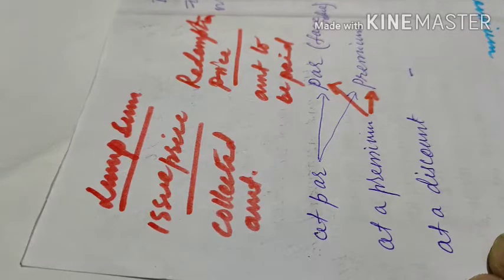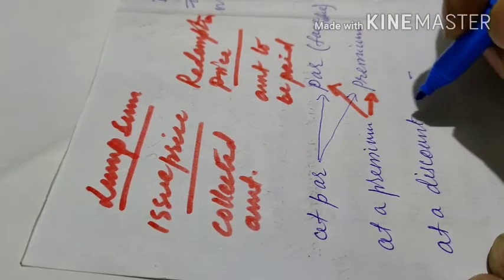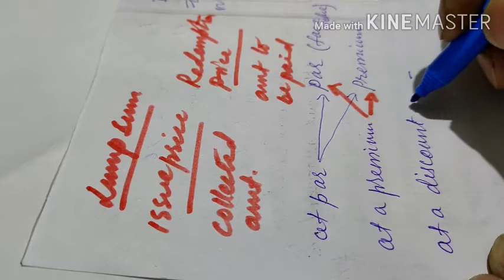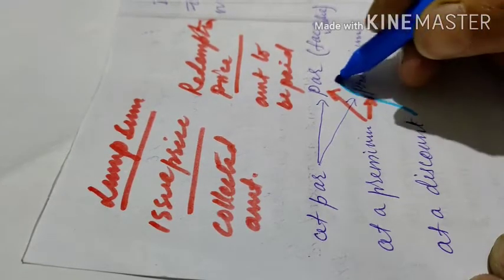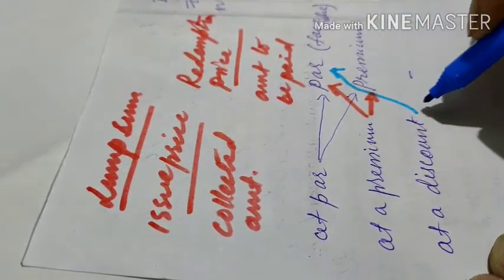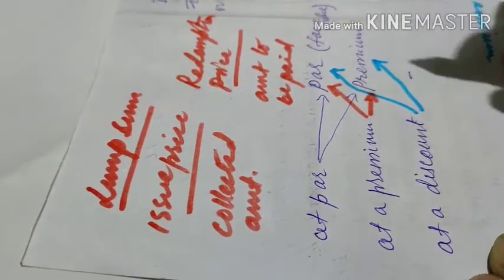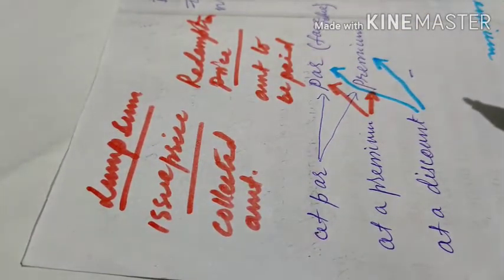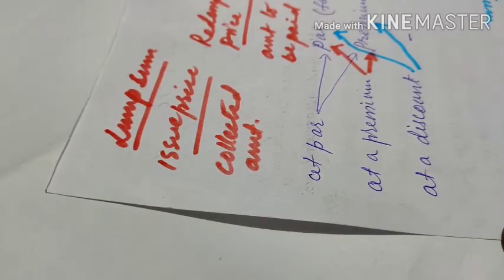Or similarly, you can say debenture issued at a discount can be redeemed at par or it can be redeemed at a premium.